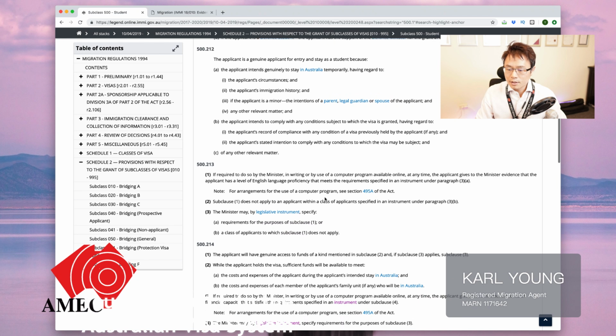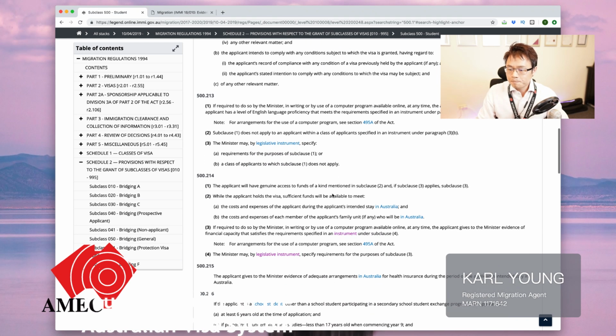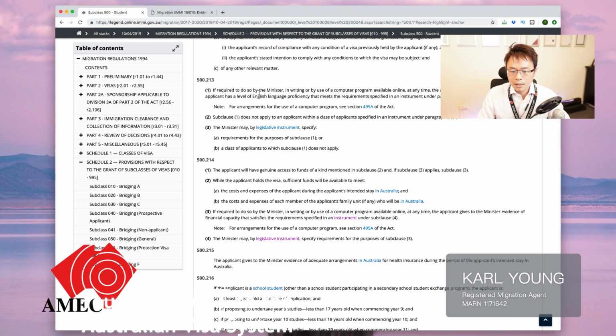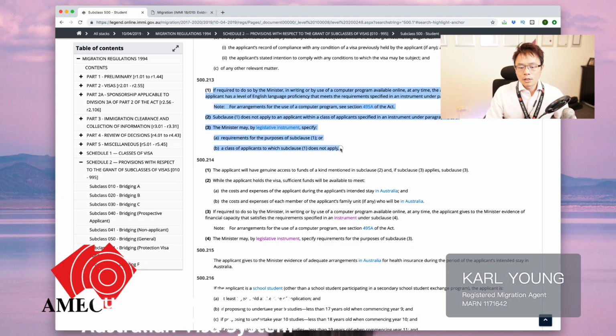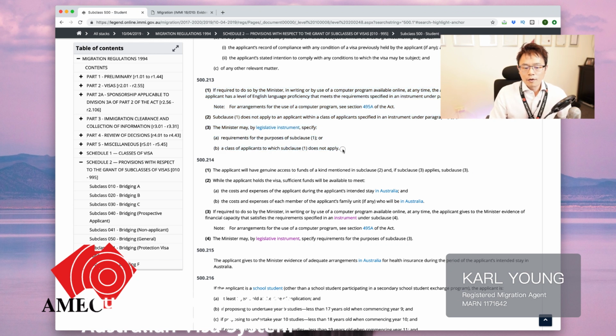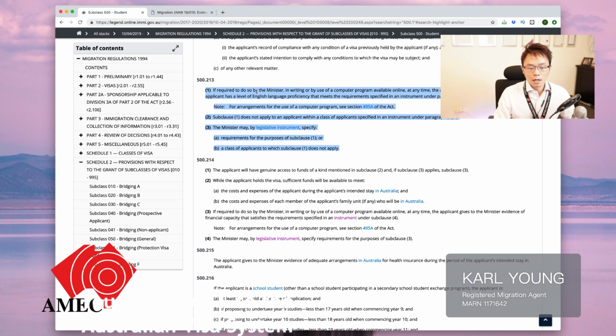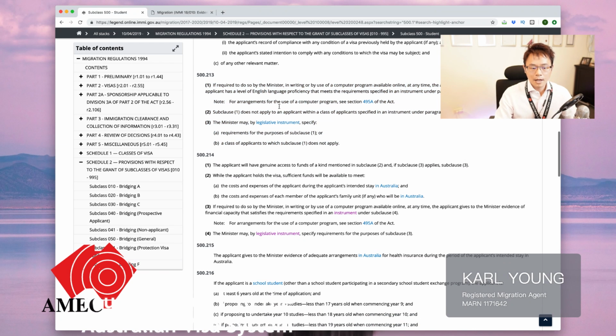Okay, now moving down here, this is talking about English language level, but nowadays it's more up to the actual education institution or provider to decide whatever English level they require, as long as the provider is happy about it.